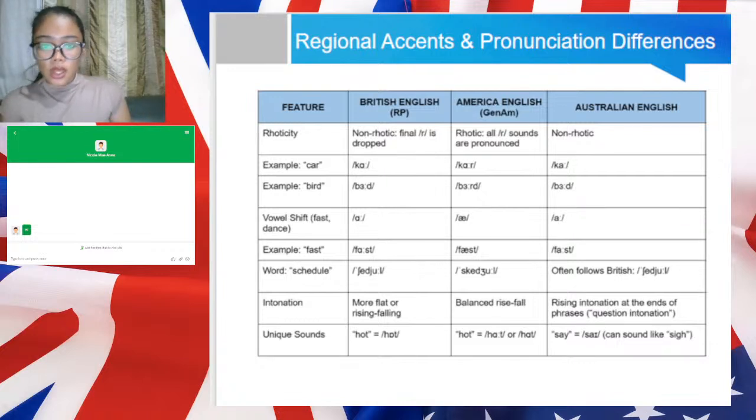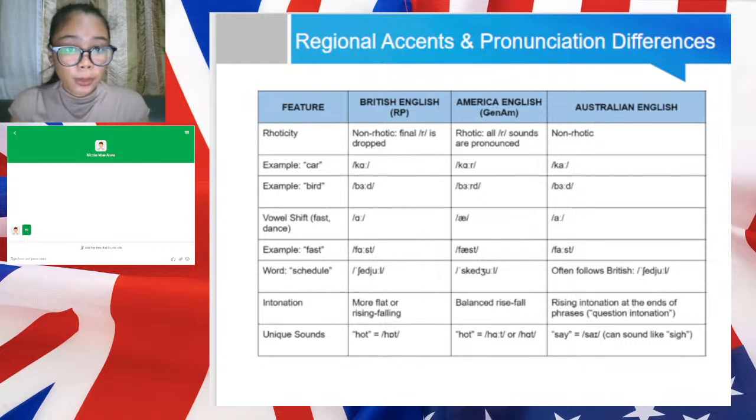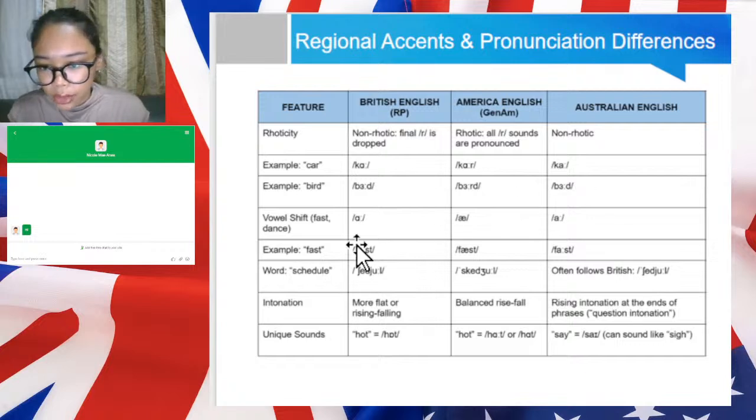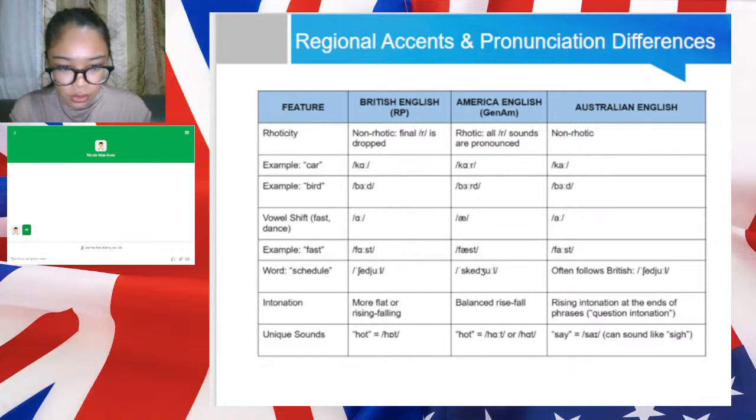All right, we've looked at some differences in how sounds are pronounced in British English, American English, and Australian English. Now let's consider a couple more interesting aspects. We have vowel shift.